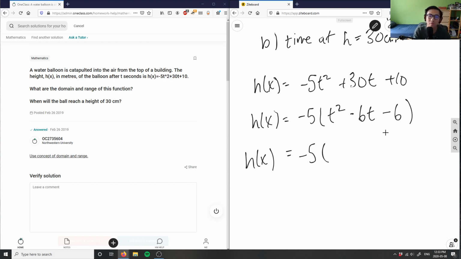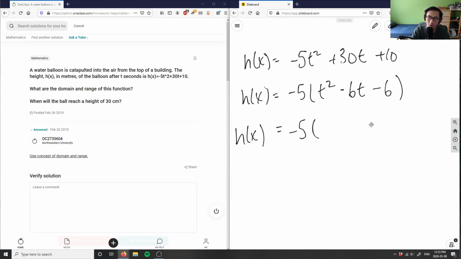Let me see if this is factorable. I thought this was a 5 here, but it's not factorable, so I would have to use the quadratic formula to get the intercepts.